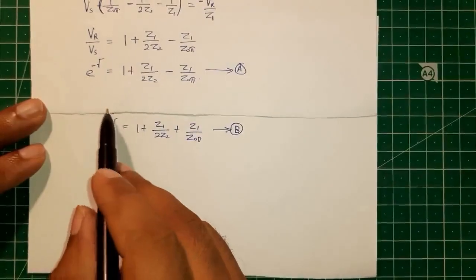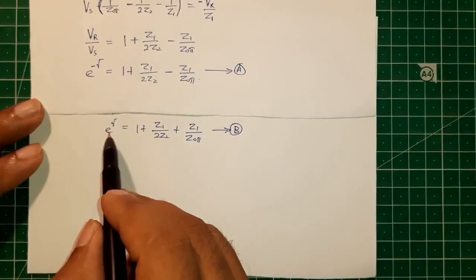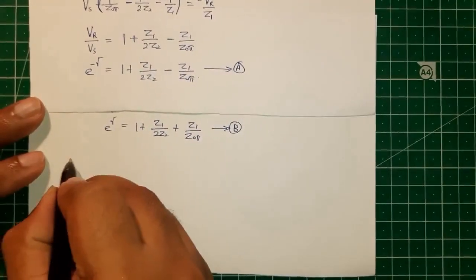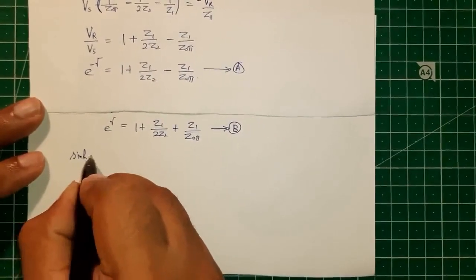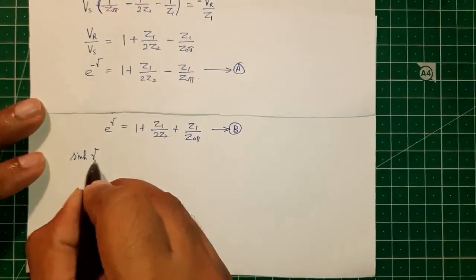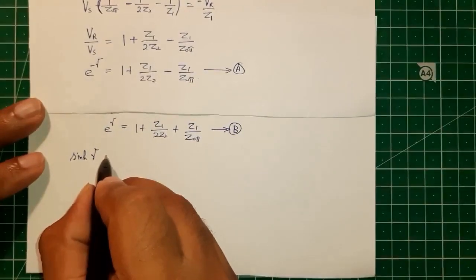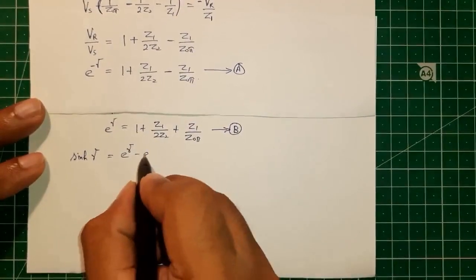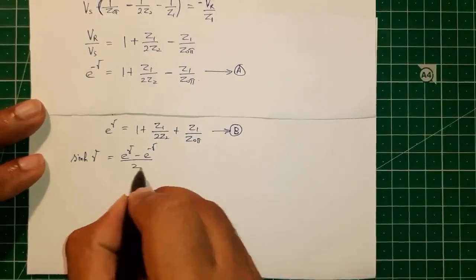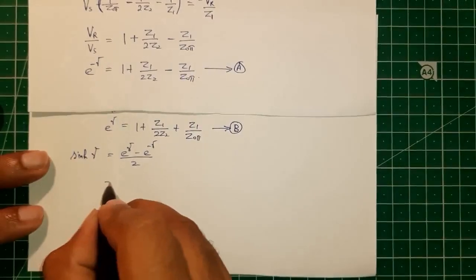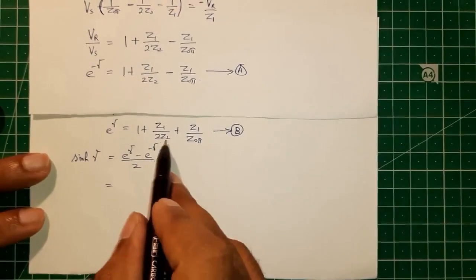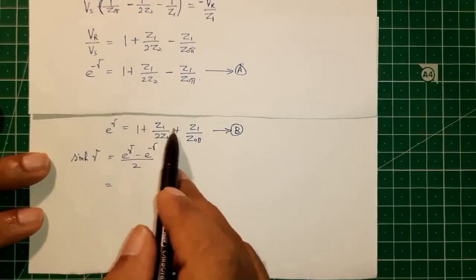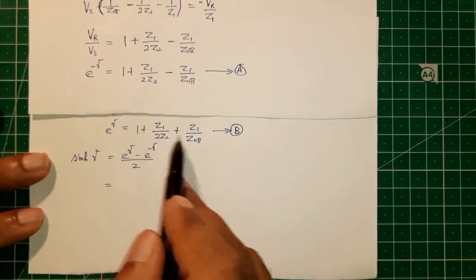So we have two equations. One is for e power gamma and one is for e power minus gamma. So what is our sinh gamma? That is equal to e power gamma minus e power minus gamma divided by 2. So we have e power gamma is this quantity. So this minus this. So 1 plus Z1 by 2Z2 will be cancelled out.